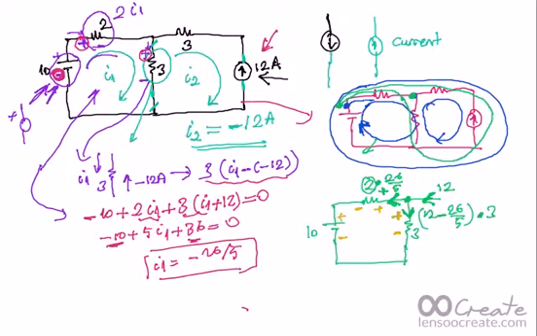If I take an arbitrary direction, I use this direction: minus 10 minus 2 times 26 over 5, and plus 3 times 12 minus 26 over 5, which must be equal to 0.